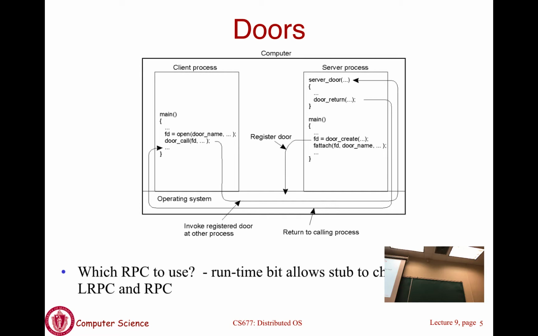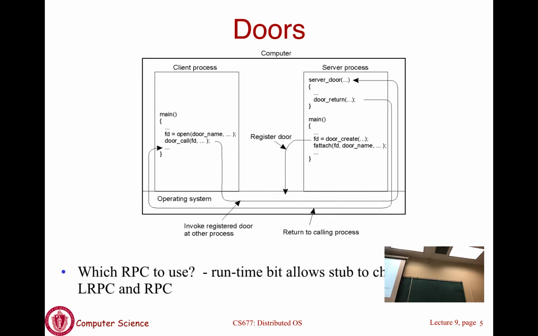Now, in some systems, you don't have to decide a priori which of the two types of RPC calls to use. Okay? You can actually use a runtime bit to optimize, because you can write the code in one way and say either the processes are running on different machines, use standard RPCs, or the processes are running on the same machine, use lightweight RPCs, and the runtime system will choose the right way to invoke the RPC call.